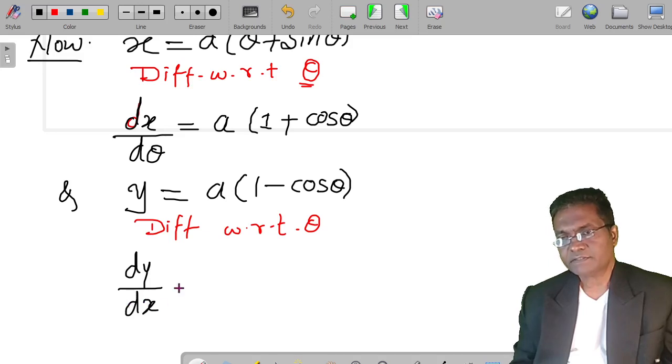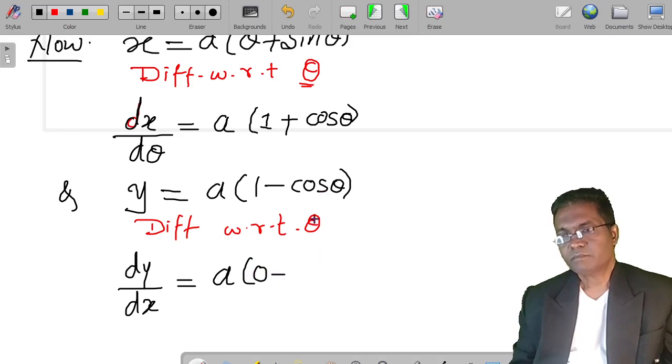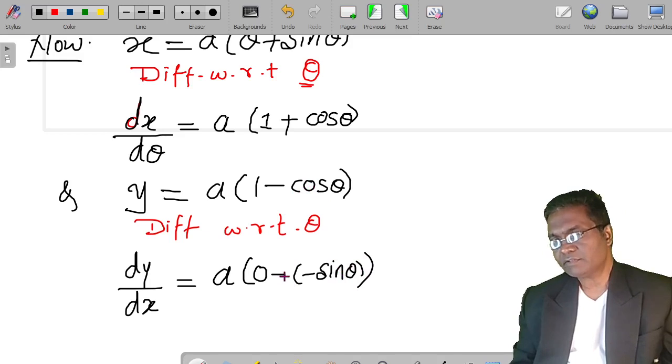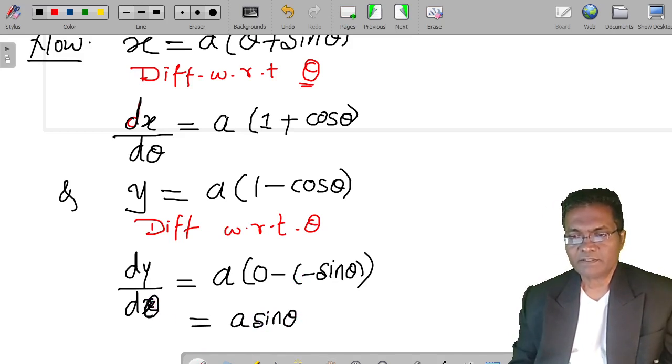So dy by d theta is a constant as it is, 1 is constant, its derivative is 0, minus the derivative of cos theta is minus sin theta. Remember this. The derivative of cos theta is minus sin theta. Now this minus into minus is plus. So a into sin theta. So this is your dy by d theta.